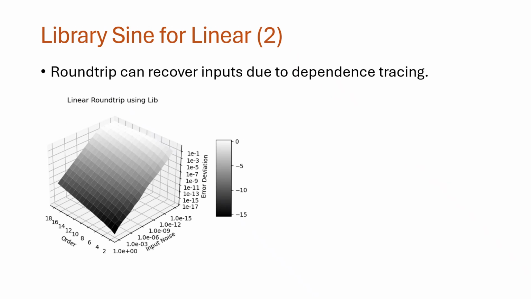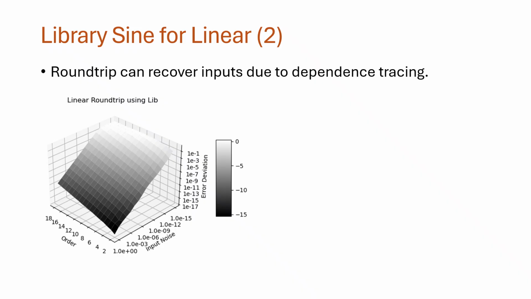Now let's look at the round trip. Even though we know that when the input noise is very low and the order very high, we cannot achieve ideal coverage or proper coverage, in the round trip we see a plateau area which has error deviation less than 1.